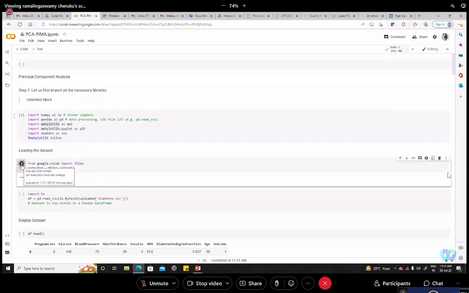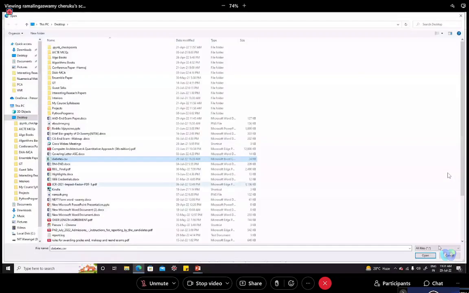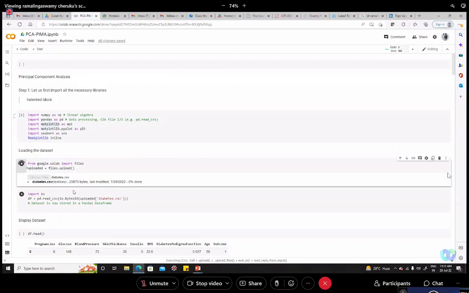As I'm using Google Colab, first of all I have to import my data from my local computer to the Google Drive. So I'm choosing the diabetes file and loading it to the Google Drive. My file is successfully loaded.